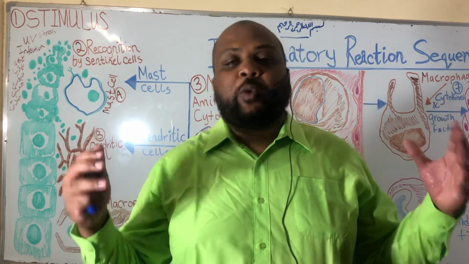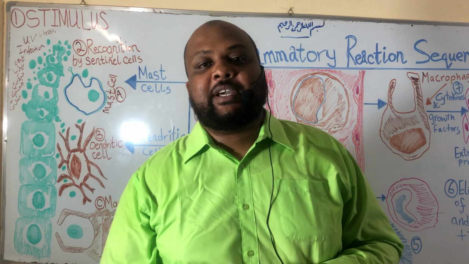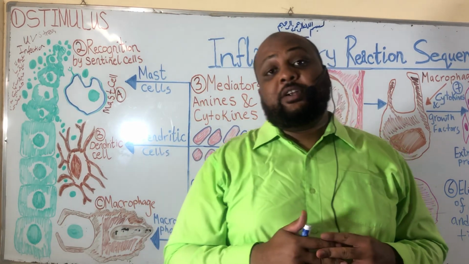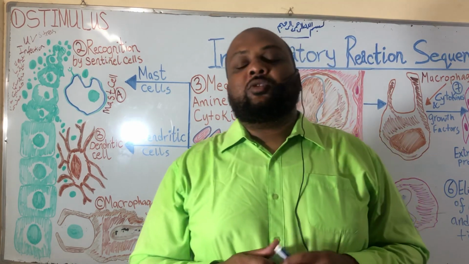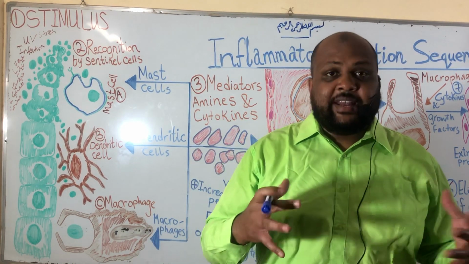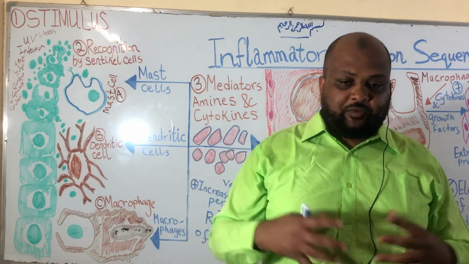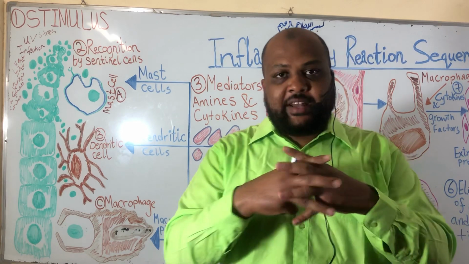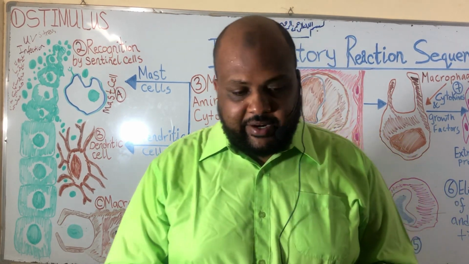We have pain due to release of prostaglandins that irritate the nerve endings in the tissues, so that's why there's pain. And there's also swelling and redness due to the blood rushing, carrying all these white blood cells to the site of inflammation in order to defend the body against these intruders or invaders.